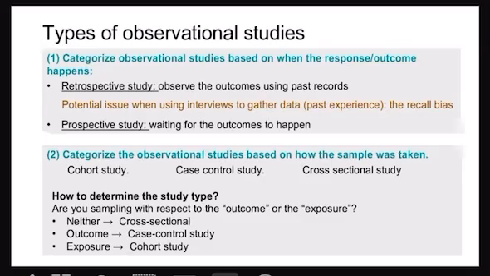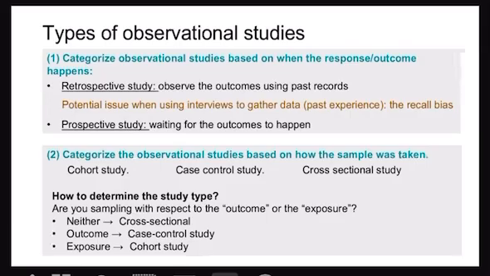Does that make sense? But in a situation where you're sampling and you don't take into consideration the outcome, and you don't take into consideration the exposure, then definitely the kind of study you can do is cross-sectional.